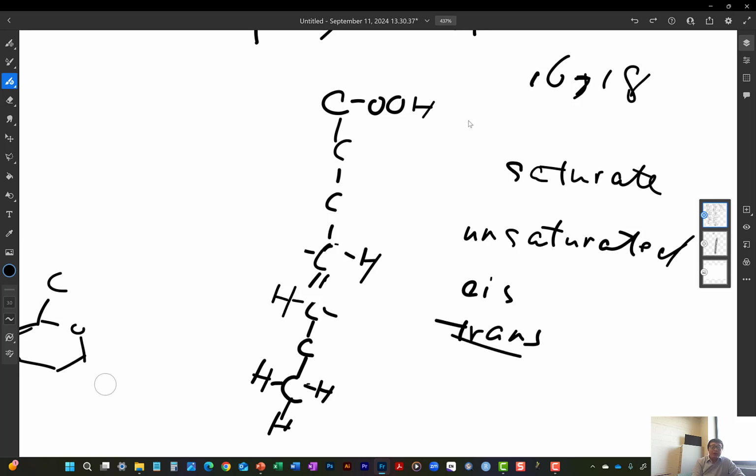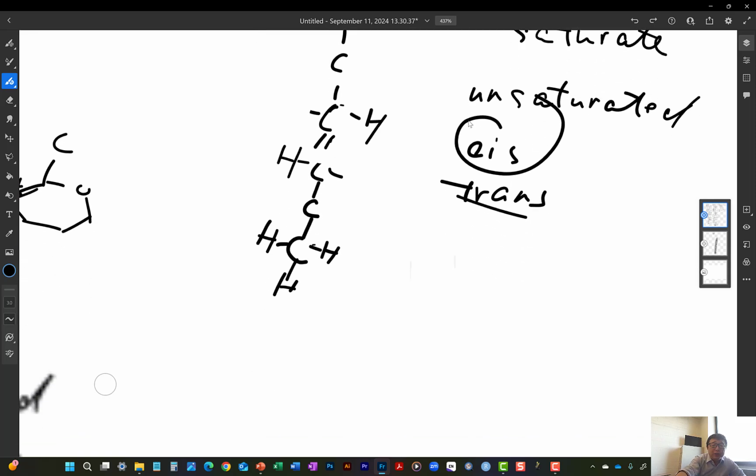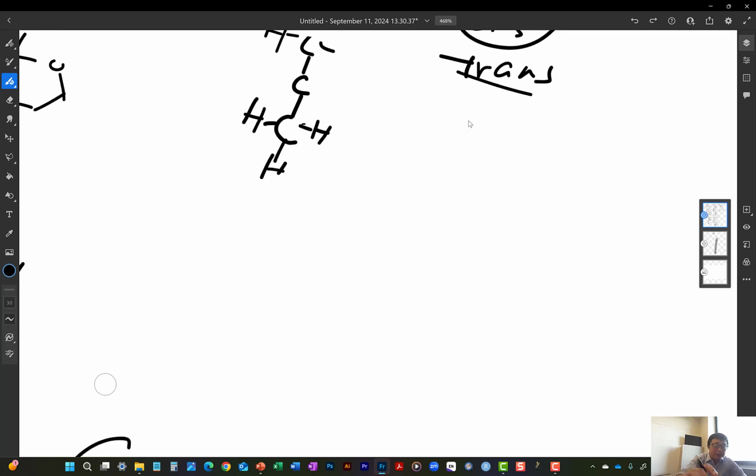A trans fatty acid has a different structure from the regular cis fatty acid. It's extremely hard for the human body to digest it. There's clear evidence that trans fatty acid increases the risk of cardiovascular diseases. So I think in New York City, the use of trans fatty acid is banned.